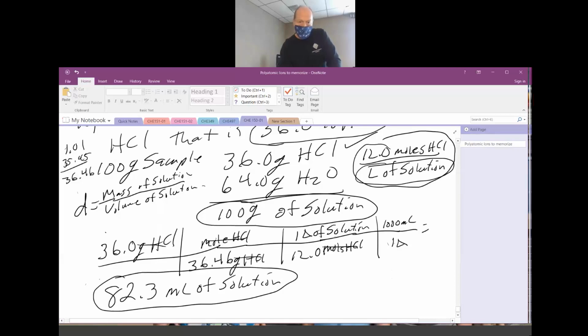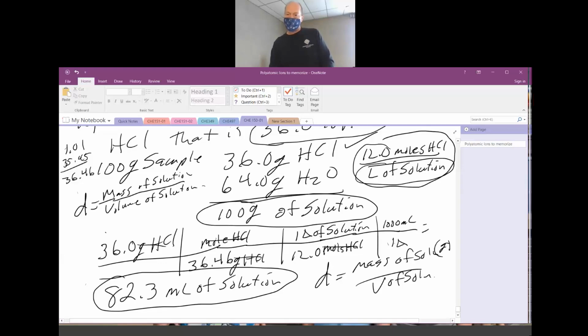All right, so now what we needed was the density. The density is equal to the mass of solution divided by the volume of solution. This is a liquid, so we wanted the mass to be in grams and the volume to be in milliliters, and that's what we have. So now we can calculate our density. Mass of solution, 100 grams.